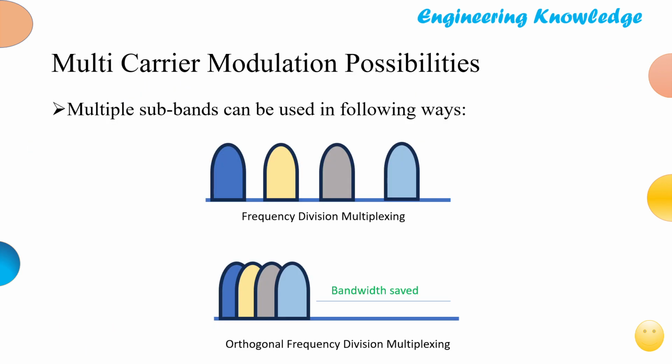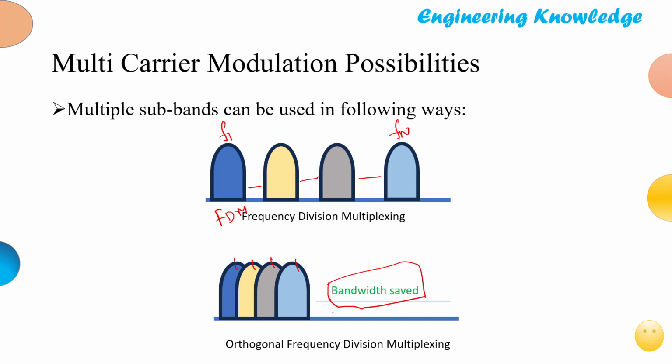There is also a bandwidth saving concept. If we use general FDM systems, then frequencies f1 to fn, if they are separated individually by guard bands, then there is some loss of frequency. However, it is possible that we can overlap all those frequency components if they mathematically satisfy some condition, and therefore there is some bandwidth which is saved.